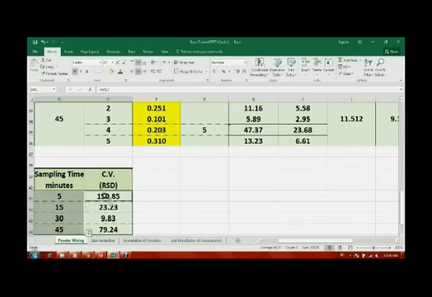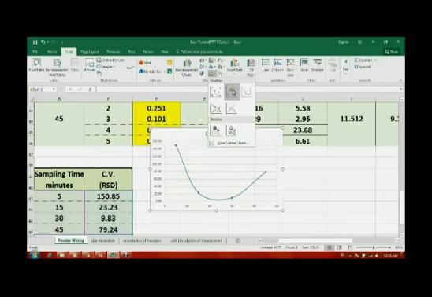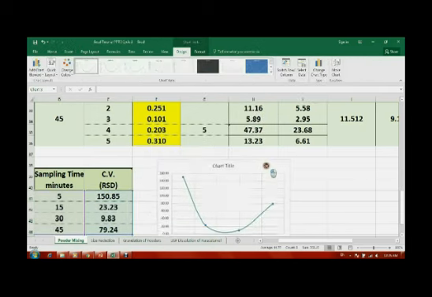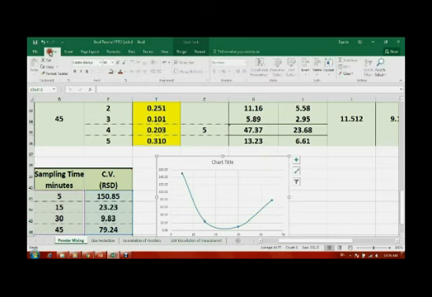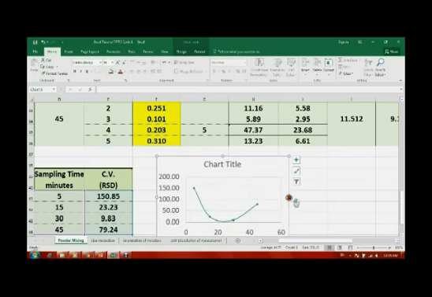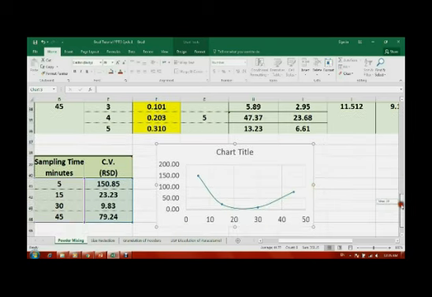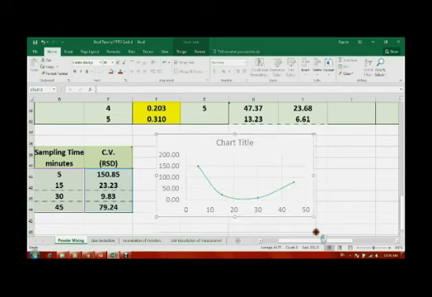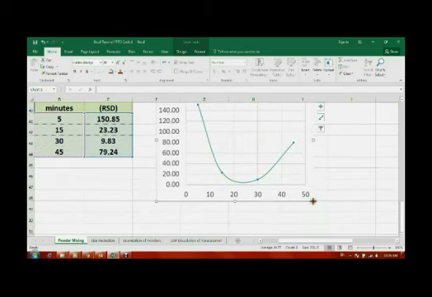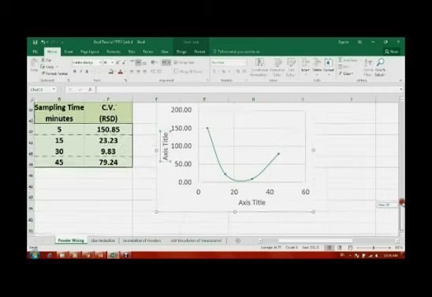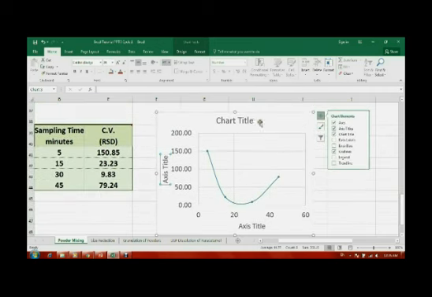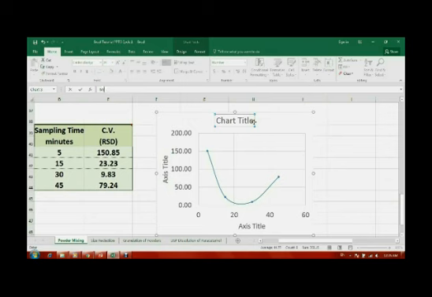Now, the time to construct your mixing profile. Again, use scatter charts, but this time with smooth lines and markers to plot the mixing profile. Select the sampling time in minutes and coefficient of variation, and plot them using, again, scatter chart with smooth lines and markers type.